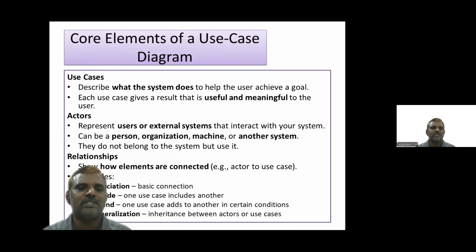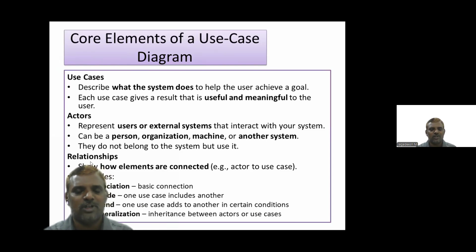As per our use case diagram, we came across only one type of actor. The actor can be internal to the system or external to the system, which means inside the system or outside the system. And the actor is either a person or any other thing like a machine. In our example, we took a person. That is why I represented it like a human, a human-like symbol.